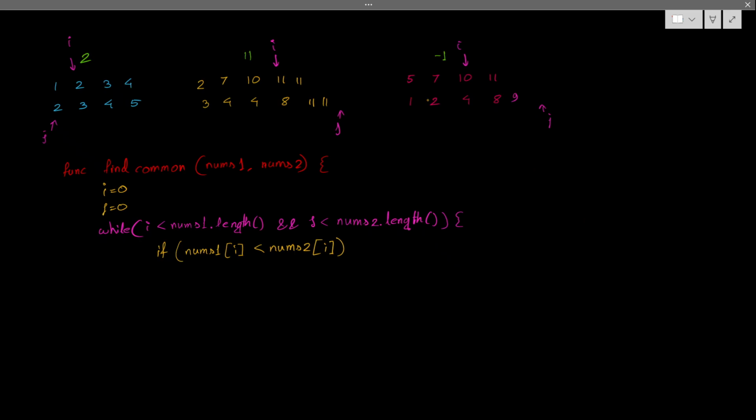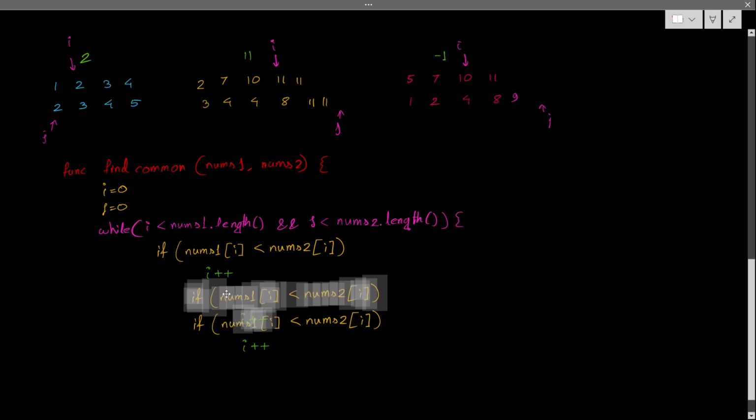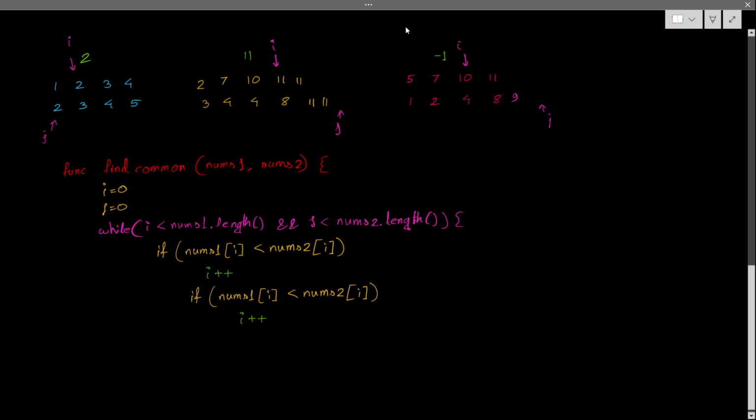If that is the case, what will we do? I'll do i plus plus. If that is not the case, if nums1 of i is greater than nums2 of j, what will we do? I will do j plus plus, correct? So in that case, what is the case?